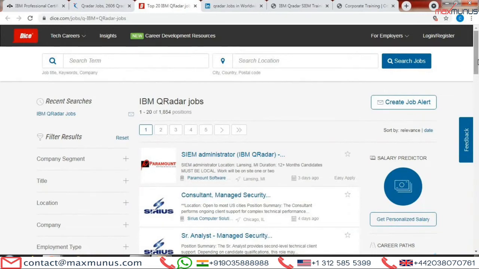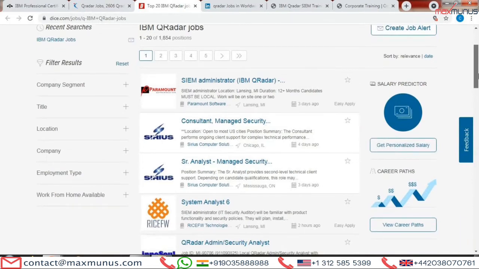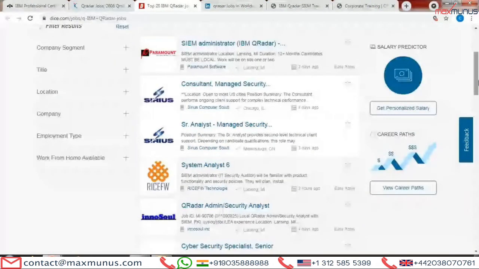The designations are SIEM Administrator, Managed Consultant, Managed Security, System Analyst, Curator Admin or Security Analyst, and Cyber Security Analyst. These are the different kinds of designations available for IBM Curator.